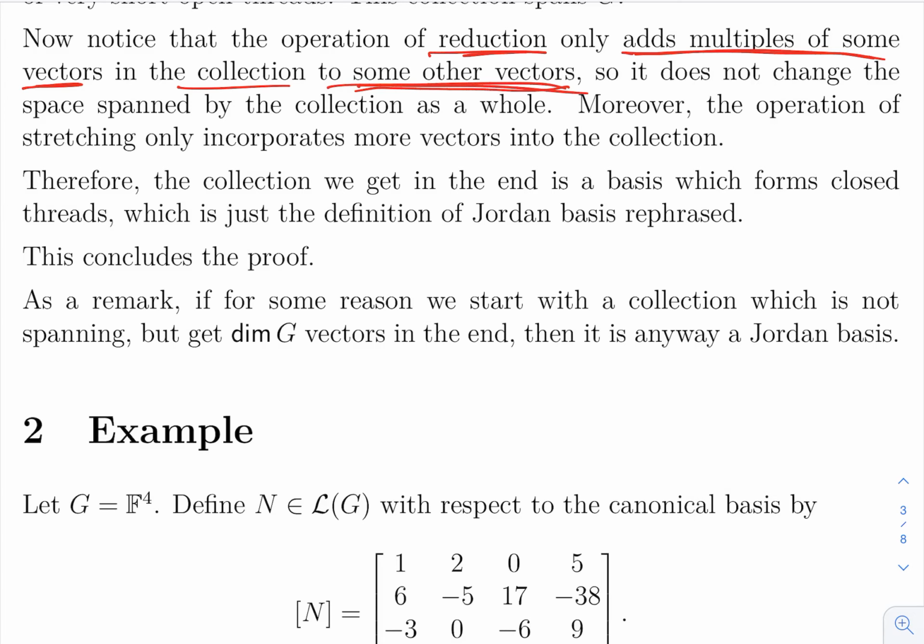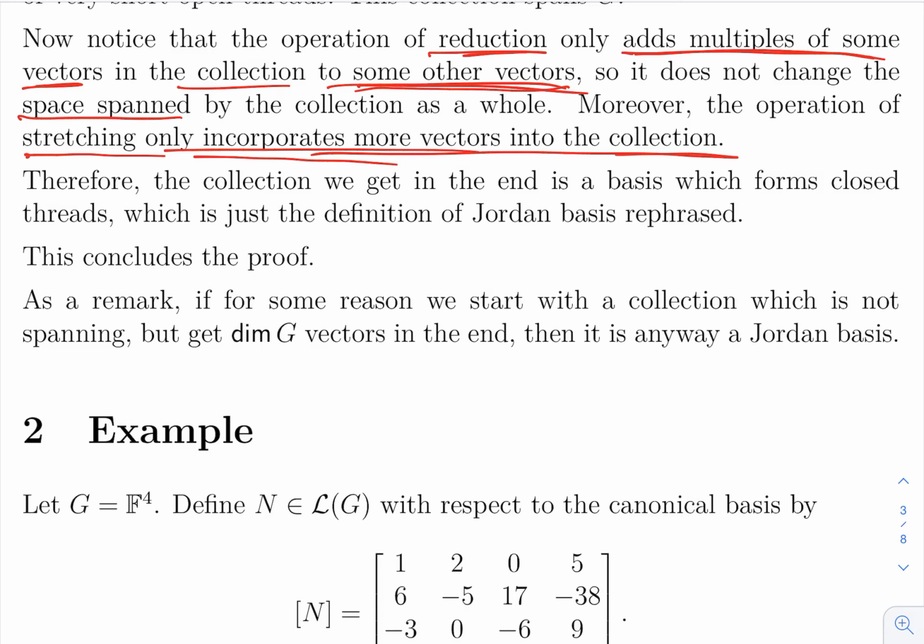The only way to change it would be to add minus a vector to itself, which obviously can reduce the subspace that is spanned. So it doesn't change the space that's spanned. And when we stretch, we only incorporate more vectors into the collection. So the space that we span can actually increase.